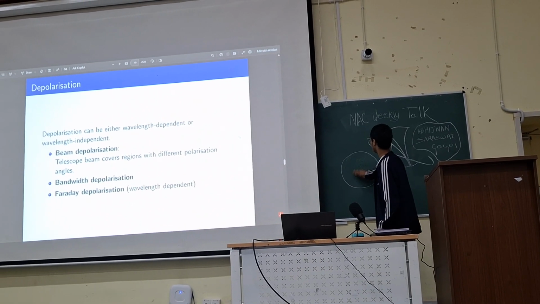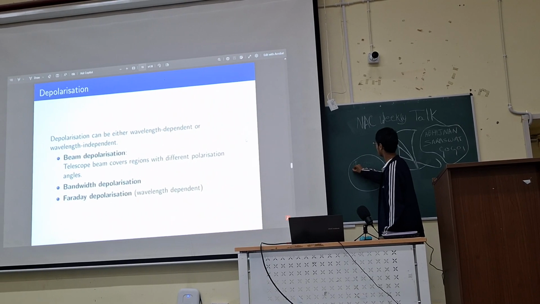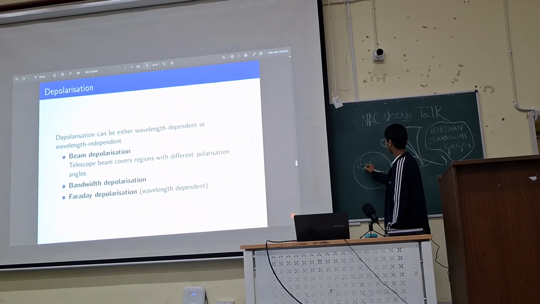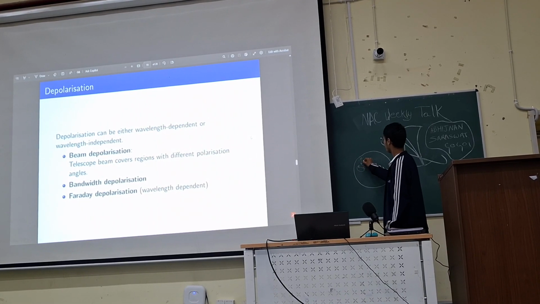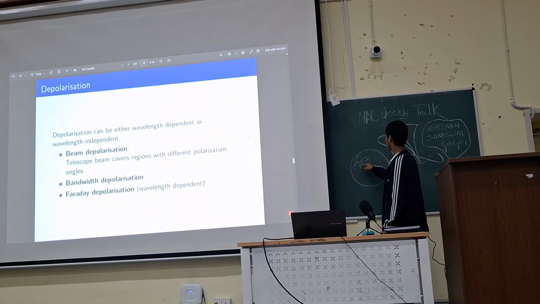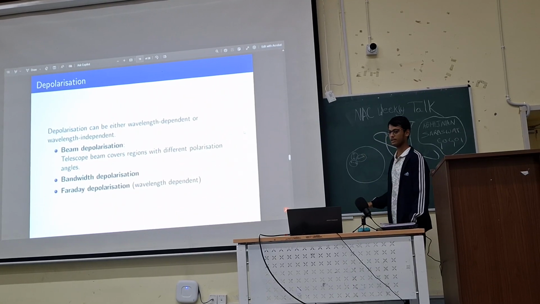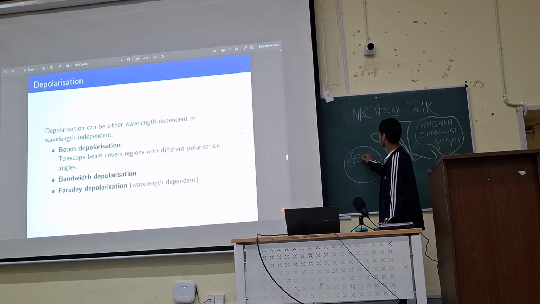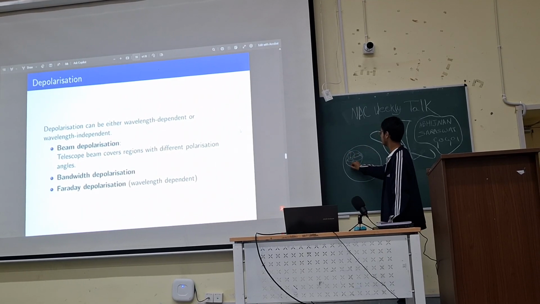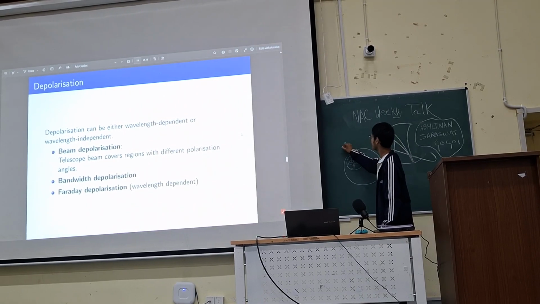Let's say that polarization angles are somewhat of this sort in this region. Now, if my beam size is small, I will still be able to observe the polarized light. However, if my beam size is very large, I will find that inside that beam I have a whole bunch of light with different orientations.